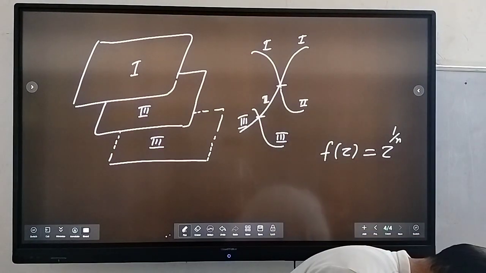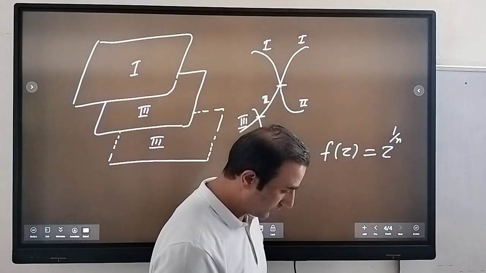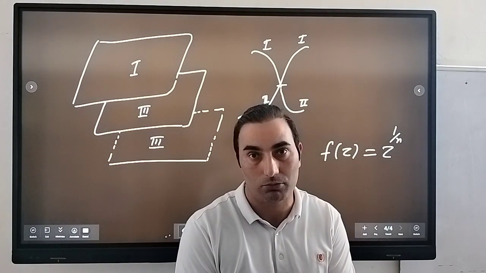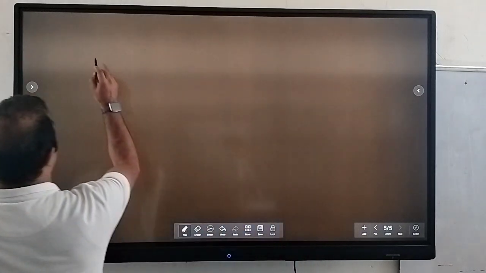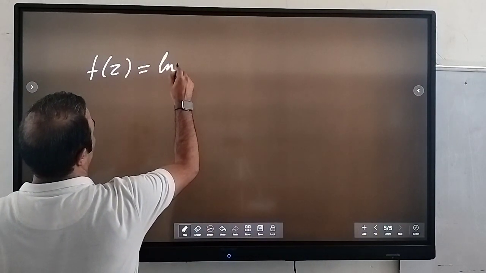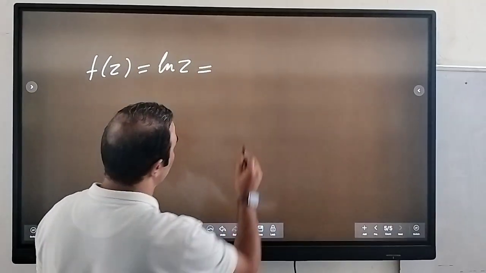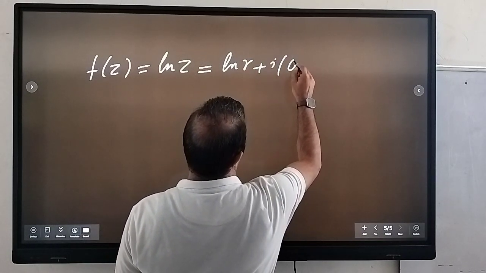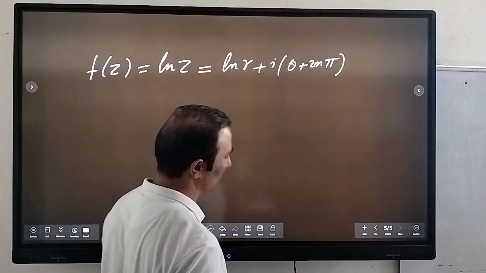And in addition to that, let's consider we have the natural log of some complex function. If we have f of z equal to the natural log of z, I can rewrite this as ln of r plus iota into theta plus 2n pi.